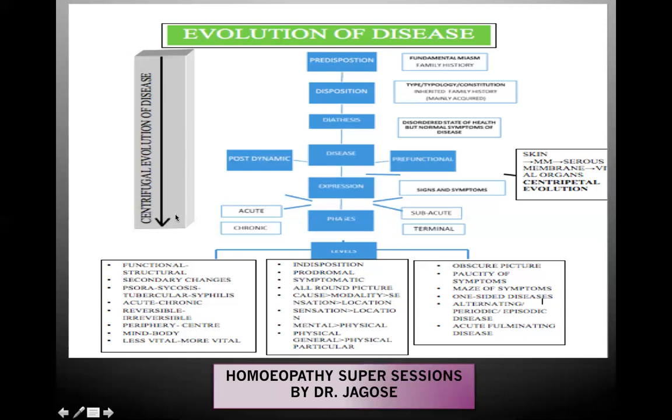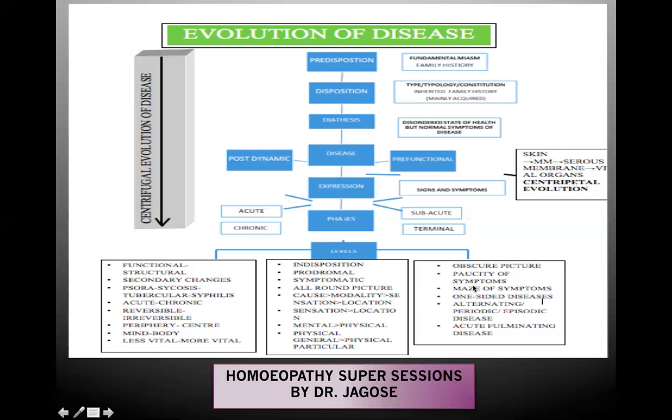In our clinic, when we see the patient, we see the patients mainly at this level. The patients can come to us with any of the expressions. For example, he can come in a functional stage, in a structural stage, where there's an all-round picture of the disease, in an obscure picture, or where there is a maze of symptoms.